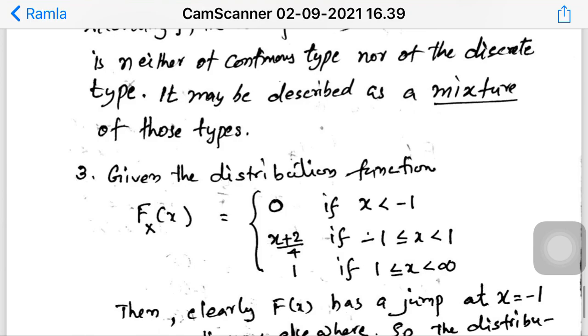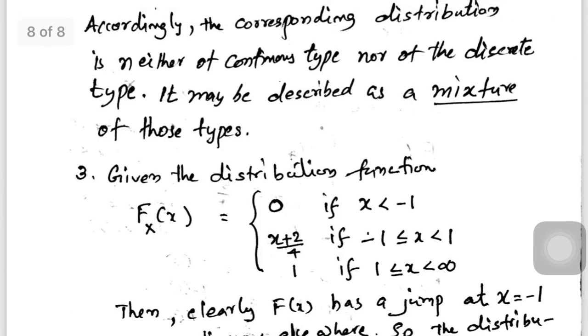If you draw the graph of this distribution function, you can see that at minus 1 there is a jump and at 1 there is a jump. However, this is not a step function. Therefore, this is also a distribution function of a mixture of distributions.